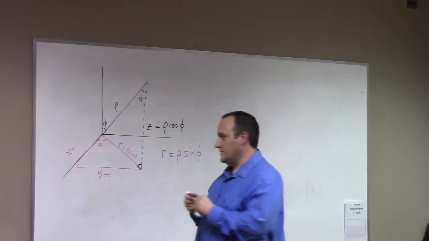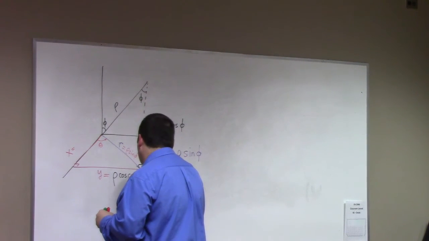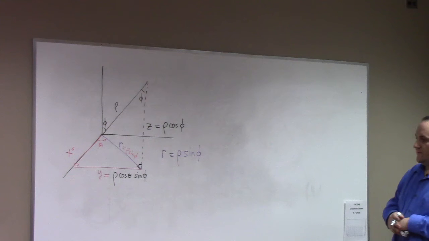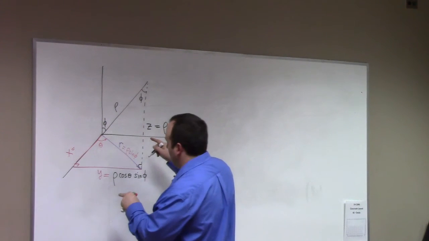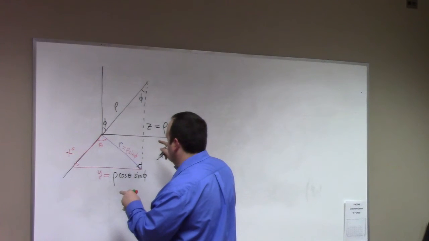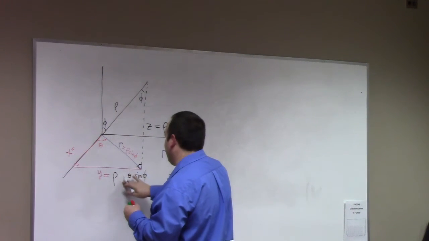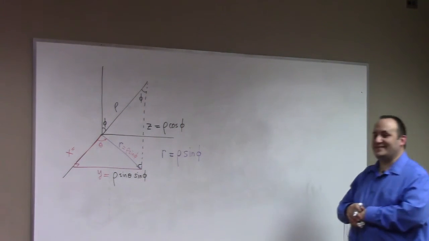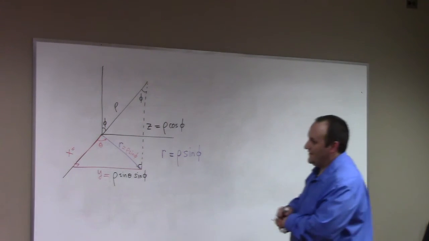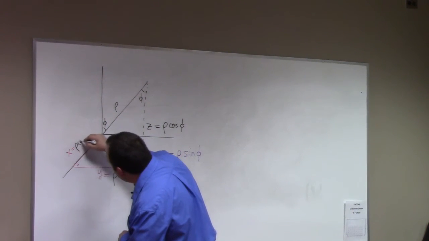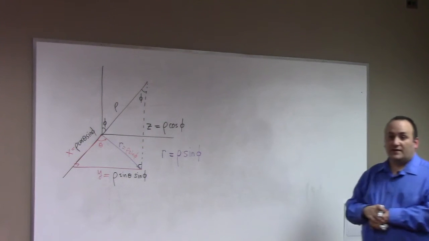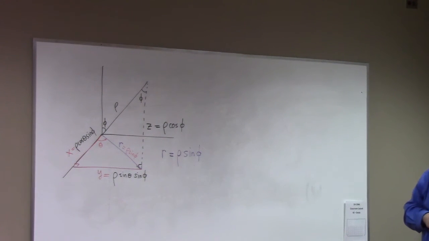The hypotenuse is r, so we get rho sine theta sine phi. That's the formula for y. Sorry, I misspoke earlier. Sine theta, because it's the opposite side, and cosine theta belongs with x because that's the adjacent side. But the sine phi goes with both because that's the hypotenuse of that triangle in the xy plane, as it arises from the previous discussion.